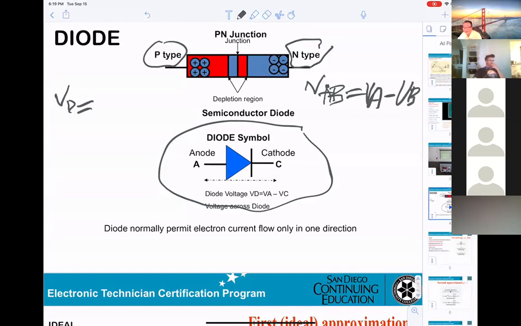When you say VAB, it means VA minus VB. That means A will be at a higher potential than B. VCD means VC minus VD. So for the diode, one side, the anode, I call A. The cathode will be C. The voltage across the diode I call VD. What does VD equal?